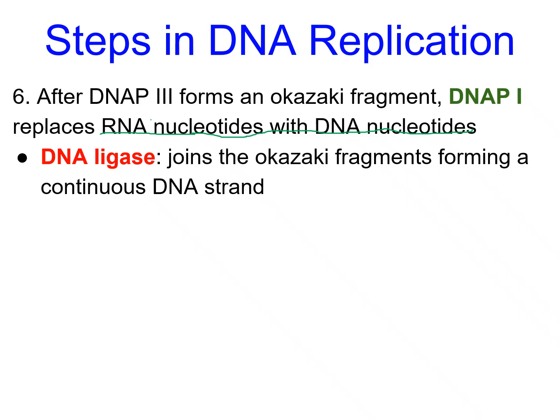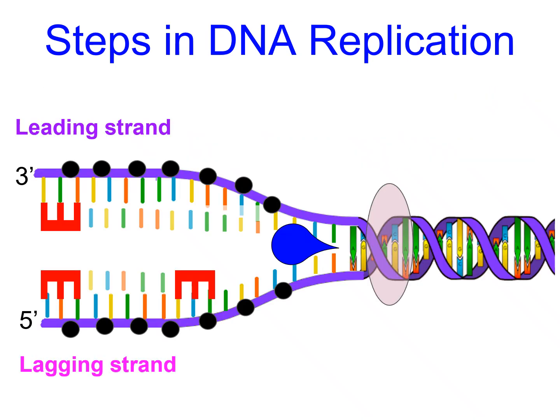It's simply converting the RNA nucleotides into DNA nucleotides, and it's not very hard because it's nucleotides. The only thing that makes them different is the uracil. So it's switching out the nucleotides from the RNA primers to make those DNA. And the DNA ligase is pretty much responsible for piecing together those fragments.